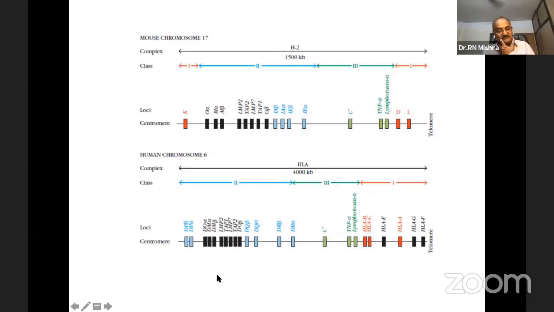When you refer to someone's HLA, we call it HLA A4, A6, which means one of the loci has been inherited from the father and the other one is from the mother. If you have only A4, that means you are homozygous at that site, and both have been inherited from your parents. You are called homozygous.